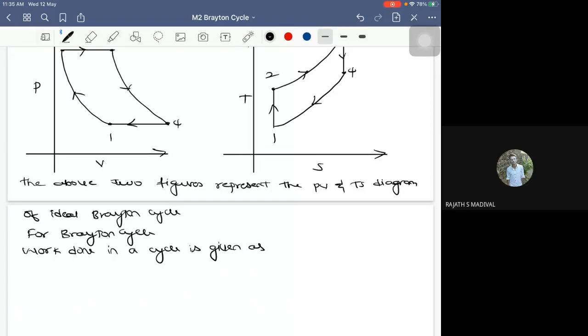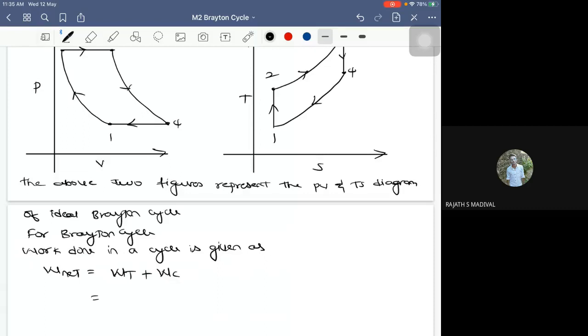Two. Very good. One is the compressor work, which is used to increase the pressure, and the other one is the turbine work, which is used to expand. So I will be writing here: W net is equal to WT plus WC.